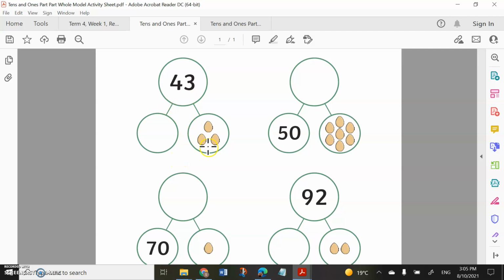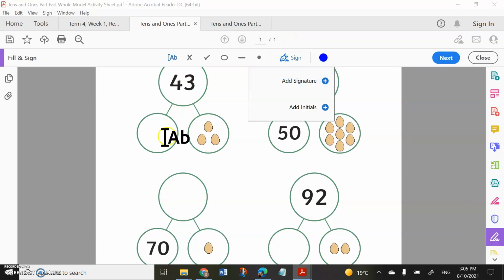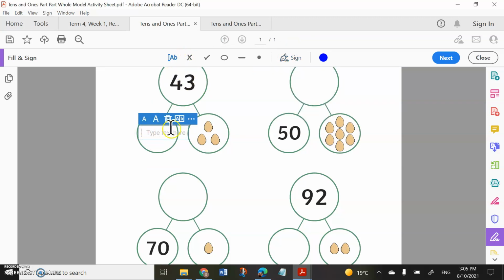So we know that that's 3 there, and the 4 is in the tens column. So 4 tens, remember our skip counting? 10, 20, 30, 40. So we know that the 4 means 40. So I'm going to pop that in here and type in the number 40.